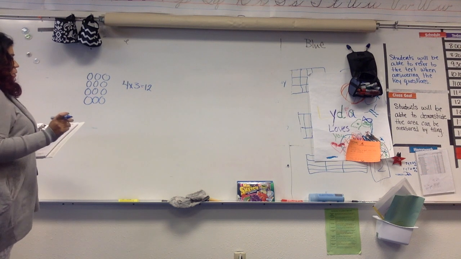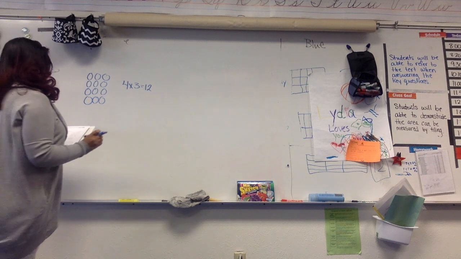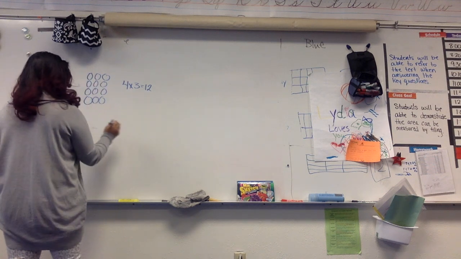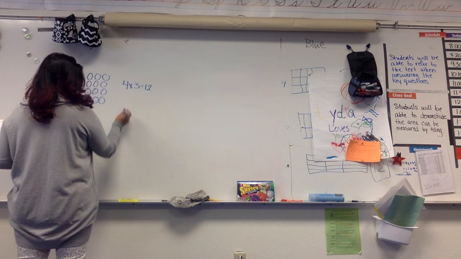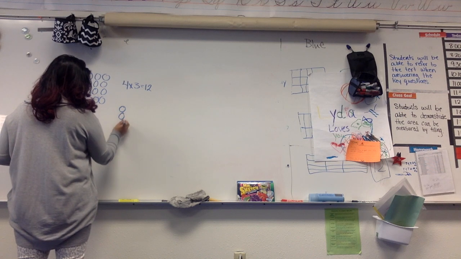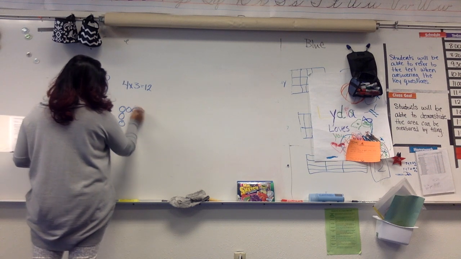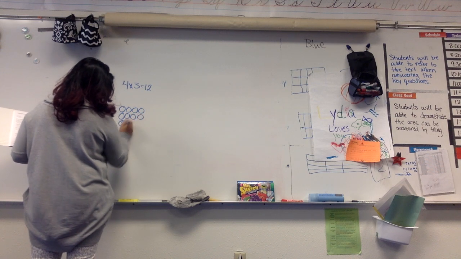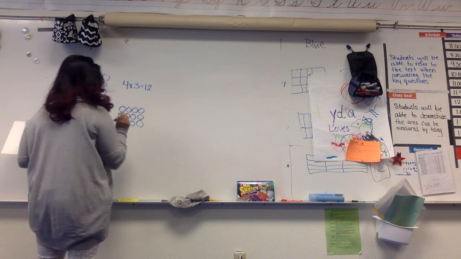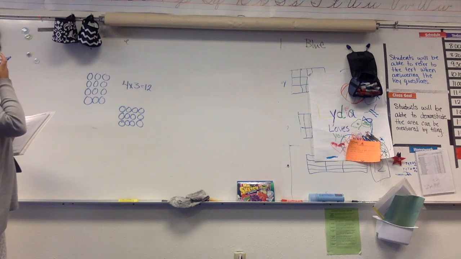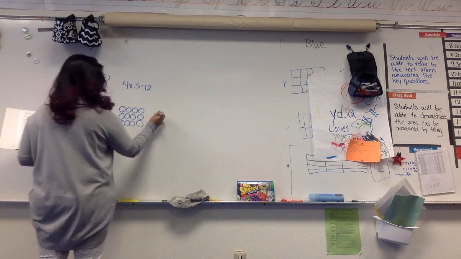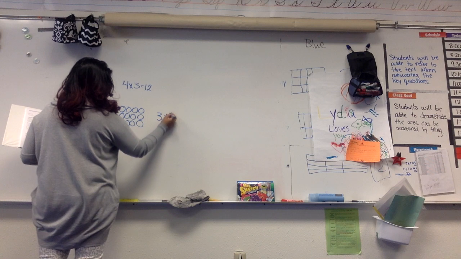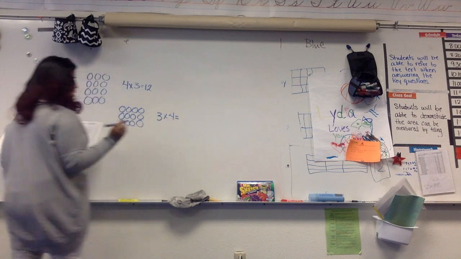Okay, now we're going to review the commutative property. If we take this and we do 3 rows and we put 4 in each row, I have 3 rows and 4 in each row.